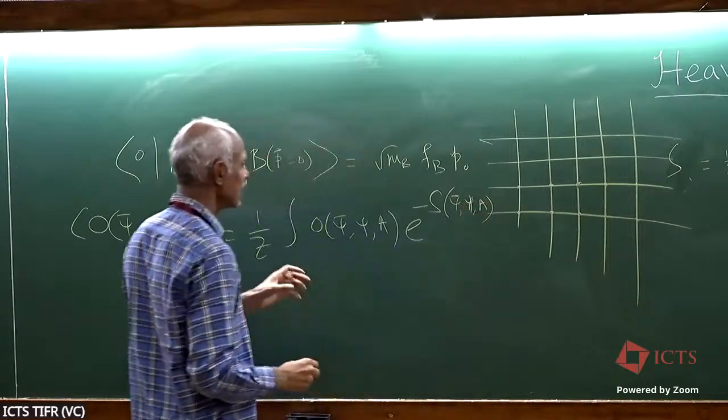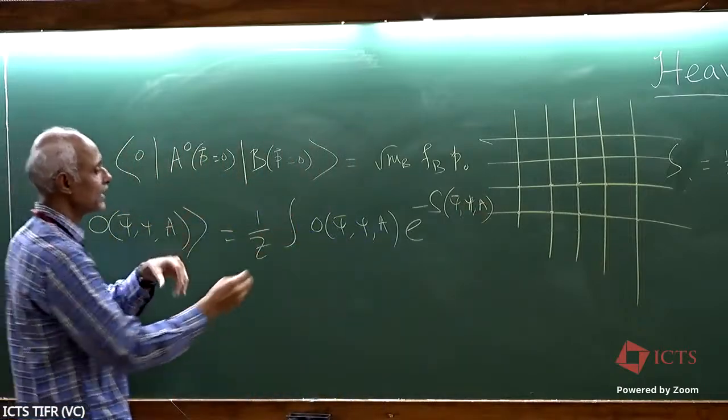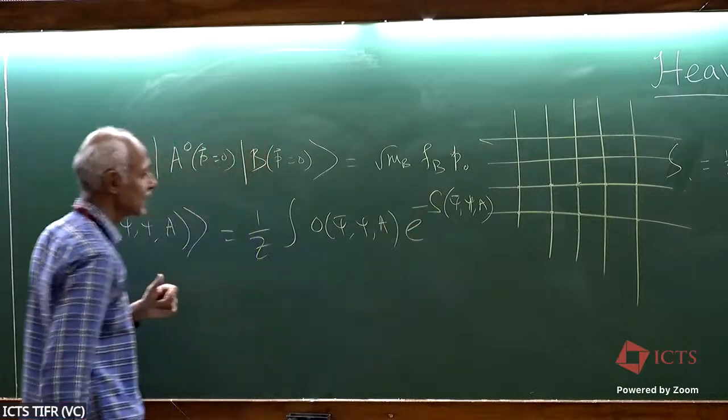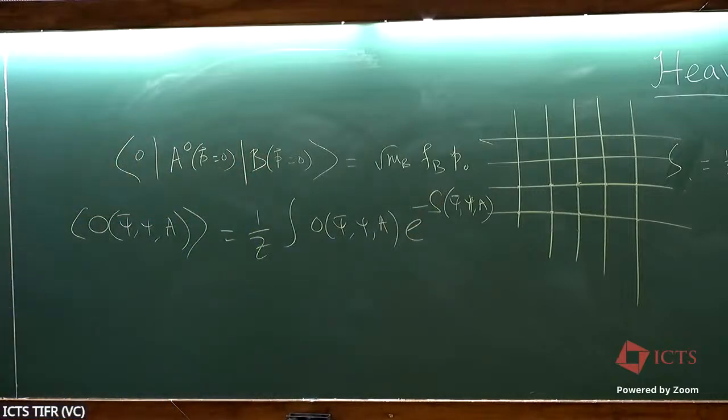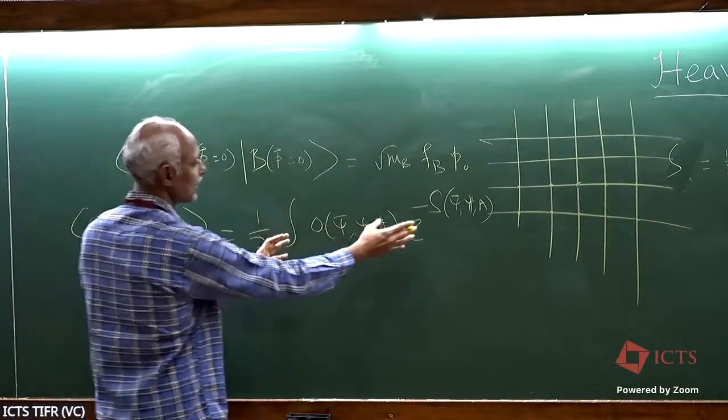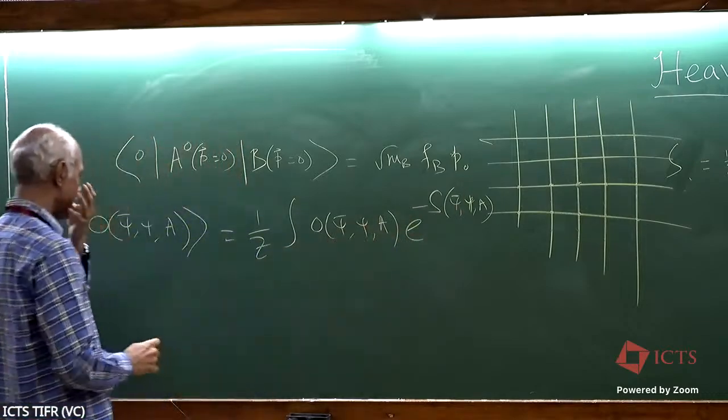I have again written it in Euclidean space. In Minkowski space, this will be i times S, right? And Z is just this thing without this O.